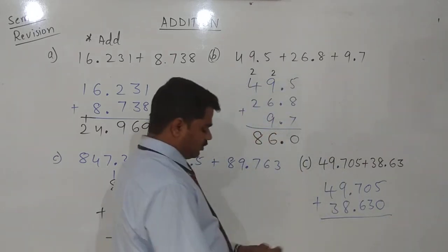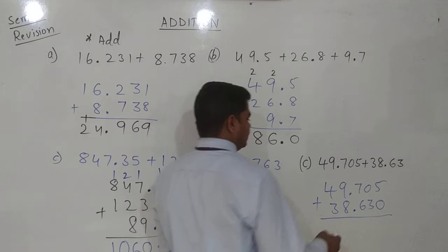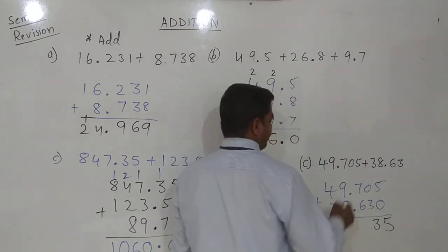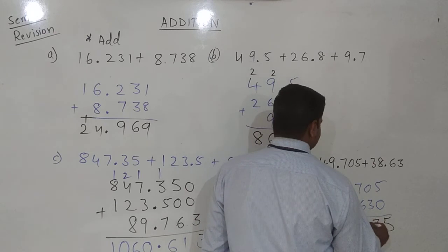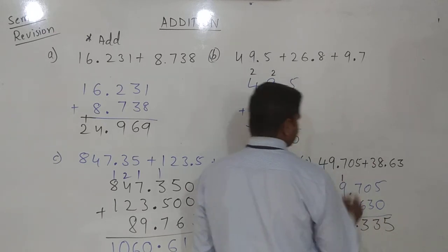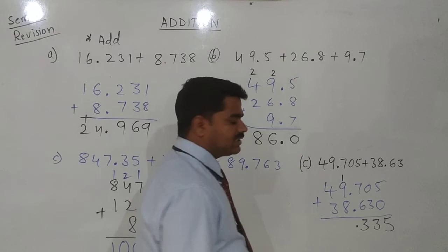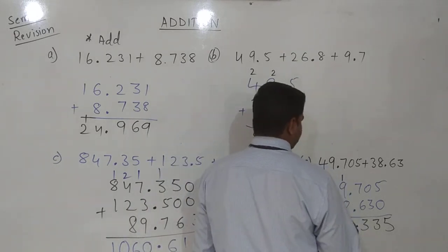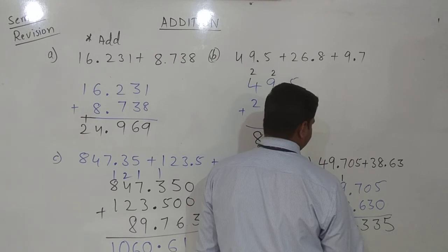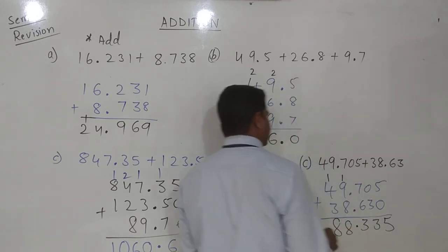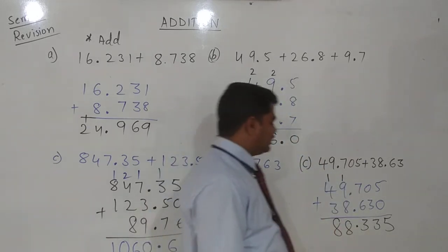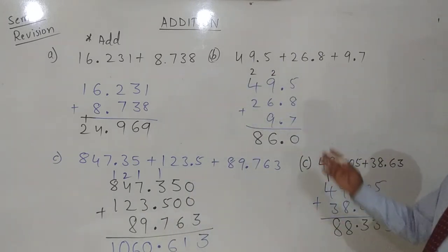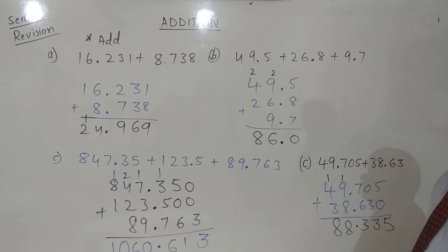Yes, 5 plus 0, write 5. 0 plus 3, 3. 6 plus 7, 13, 1 carry, write the decimal point. 1 plus 9, 10, 10 plus 8, 18. Then 4 plus 1, 5, 5 plus 3, 8. 88.335 is the sum.